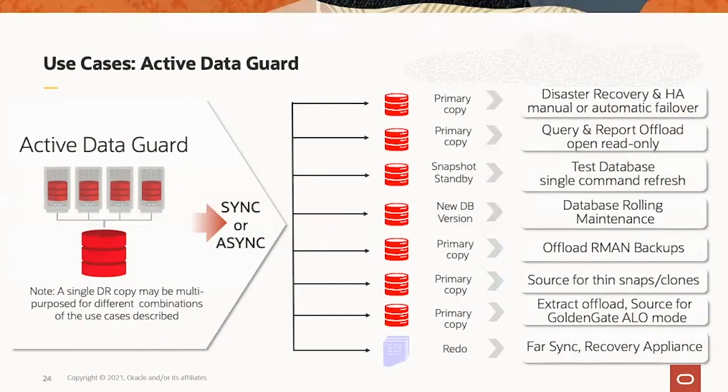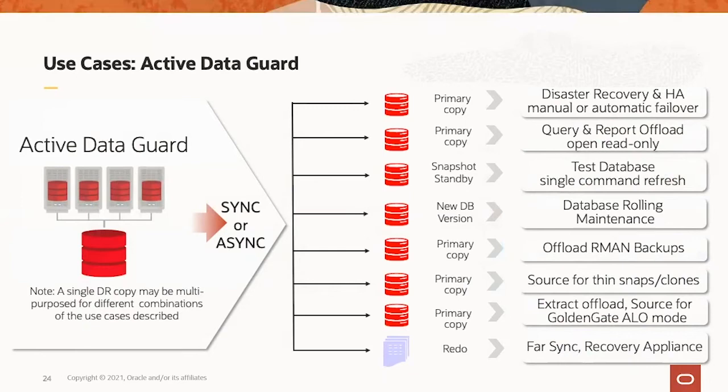Pretty useful. Also in Active Data Guard, you can do database rolling maintenance, which is DBMS_ROLLING, which we cover a little bit later. Also, you can use it for offloading your RMAN backups. And offloading RMAN backups means that you put less stress on your primary database, which can handle more load at that point in time.